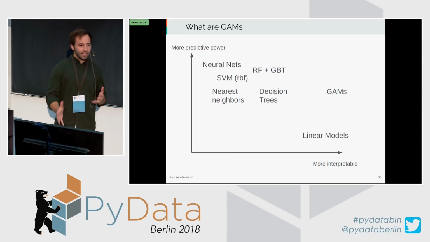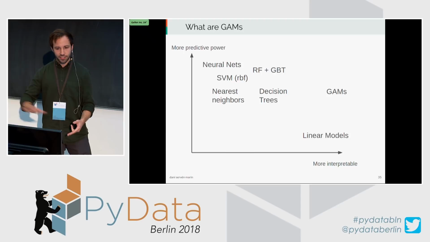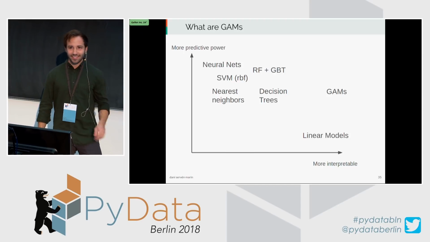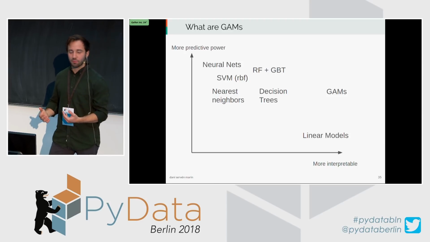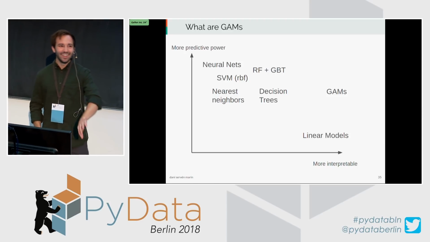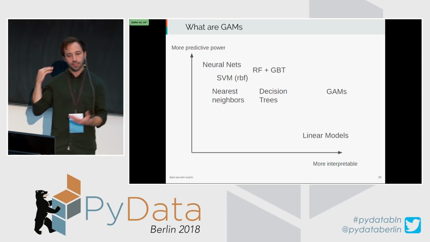If we take our whole machine learning toolbox and organize it by predictive power and interpretability, we might get something like this. Modulus the fact that I have a point to prove here. So we'll see our predictive and uninterpretable neural networks on one hand.